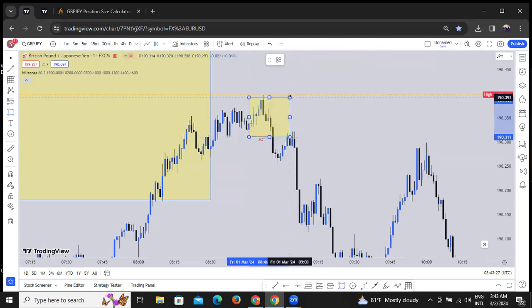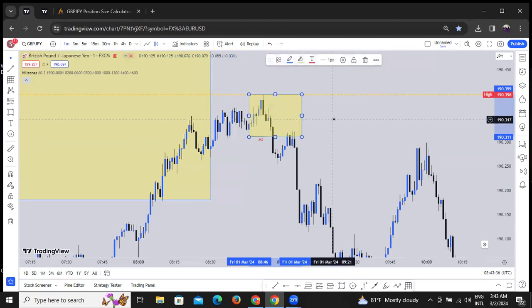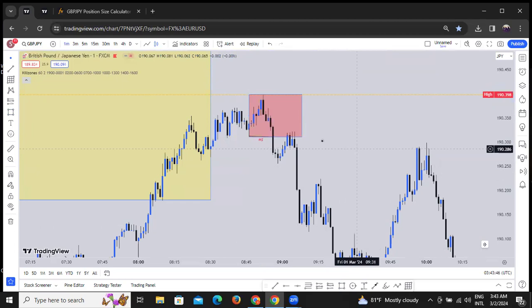This is where I have my zone right here. And why did I mark out this zone here? I call this my supply zone. So why did I mark out my zone that way? Because this is the last buy to sell zone that causes market shifts.